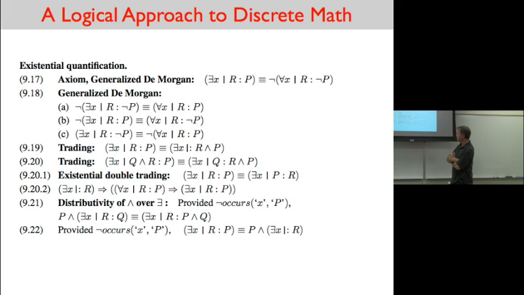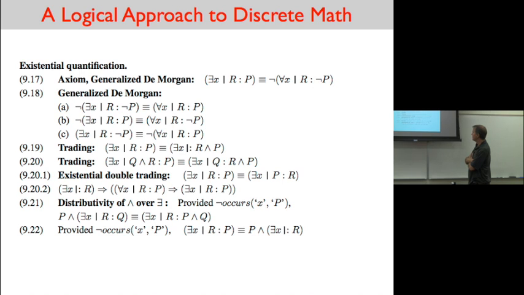So she pulled De Morgan's out. Okay. She did the regular De Morgan, not the generalized De Morgan, like from back in the day. She used generalized De Morgan and then did De Morgan on 9.22.